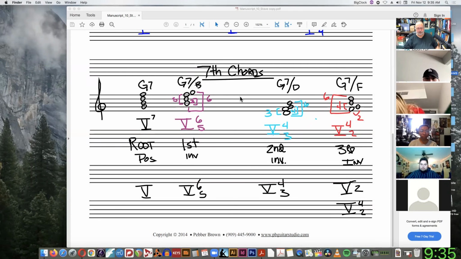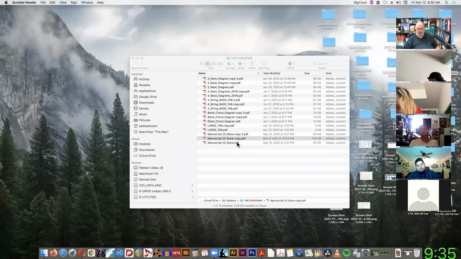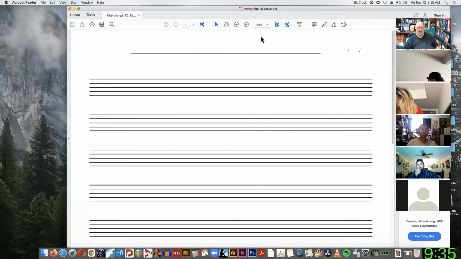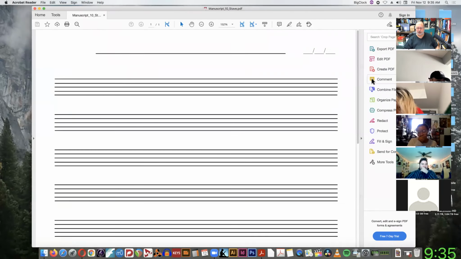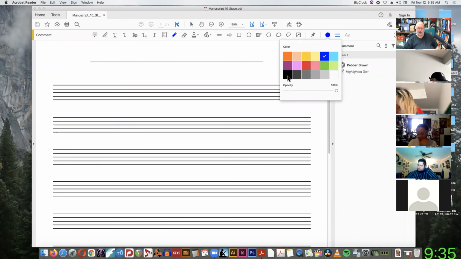Seventh chords are 4-part chords. If you have a key of C again, here we go, our favorite key.